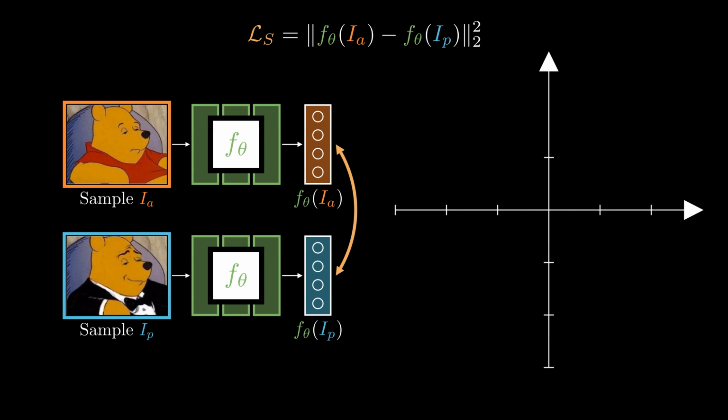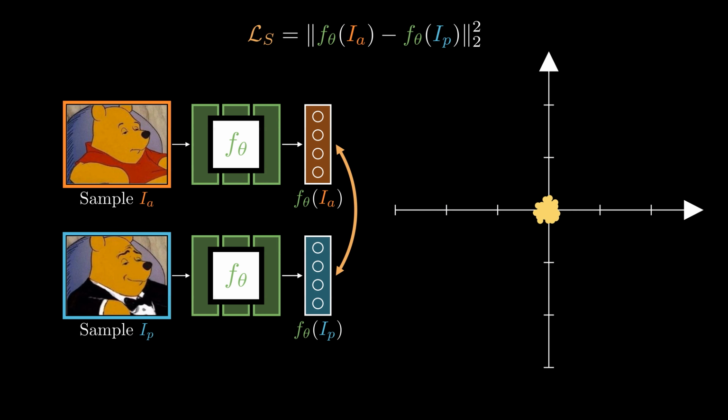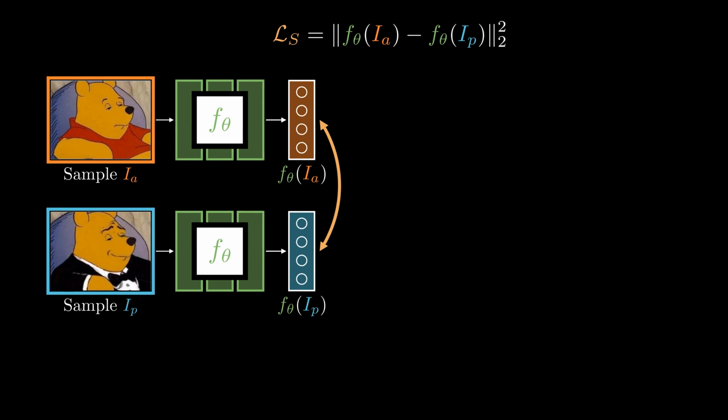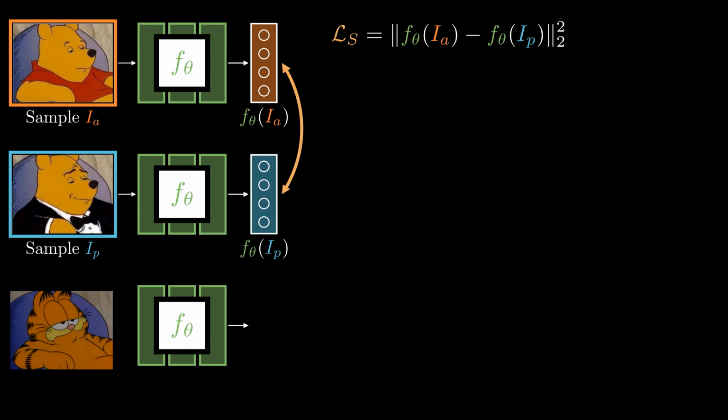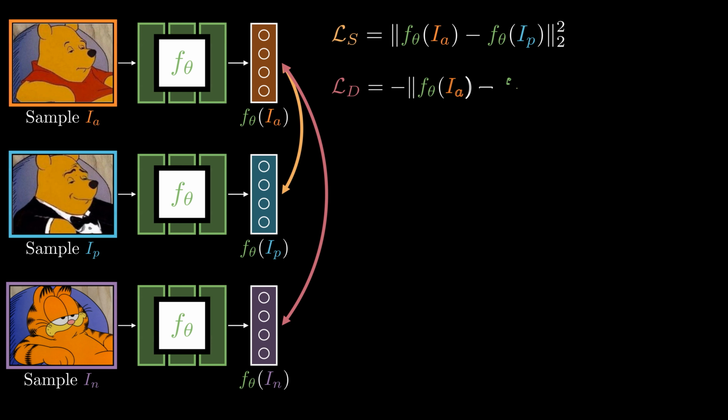But if we only pull together similar views, the model can easily collapse. The key idea in contrastive learning is to introduce negative samples, that is, examples that should not match the anchor. Negatives give the model a reason to preserve differences, not just similarities. Now we can use this loss to push the negative away from the anchor. But if we only push negatives away, that force can grow without limit.